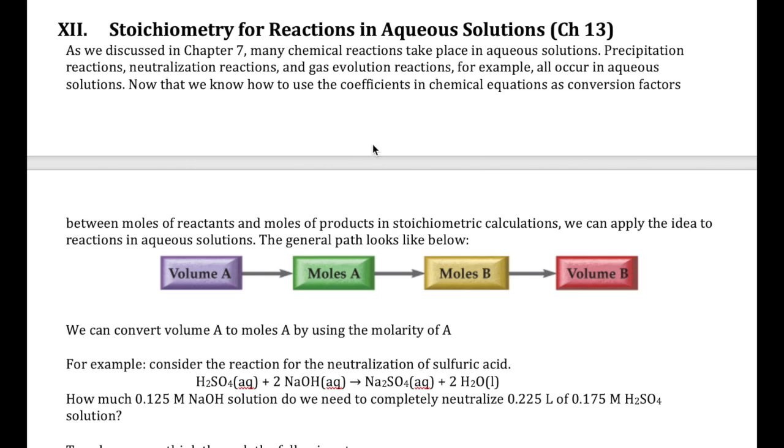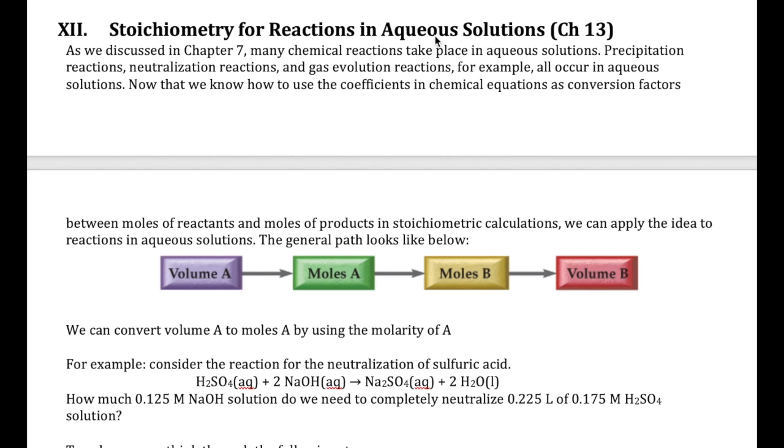We're going to close off this topic on aqueous solutions by talking about doing stoichiometric calculations for reactions that happen in aqueous solution. The main thing about stoichiometry is we need to convert our quantities into number of moles of our known and our unknown species. In previous videos, we talked about how to do that conversion from mass to number of moles using our molar mass.